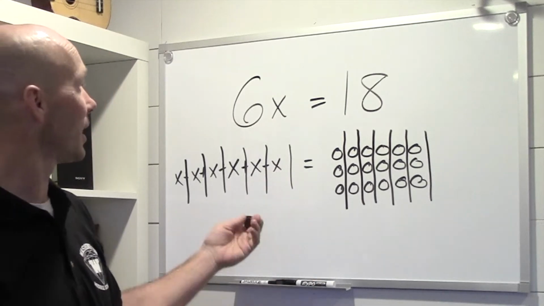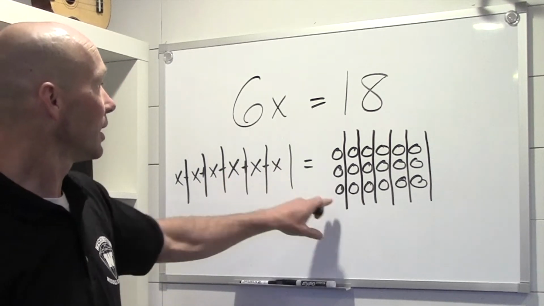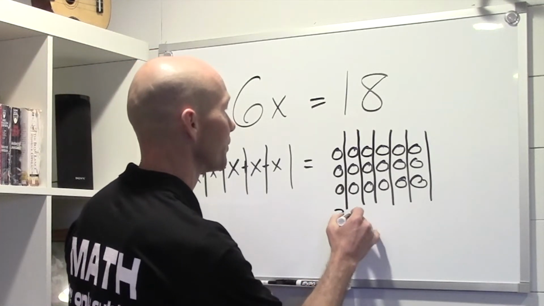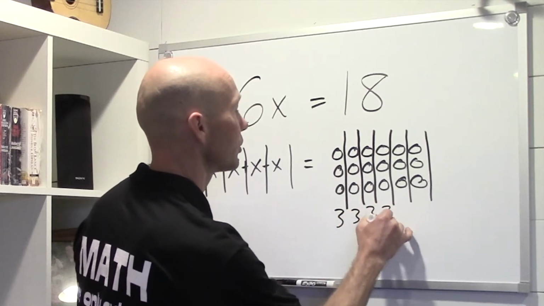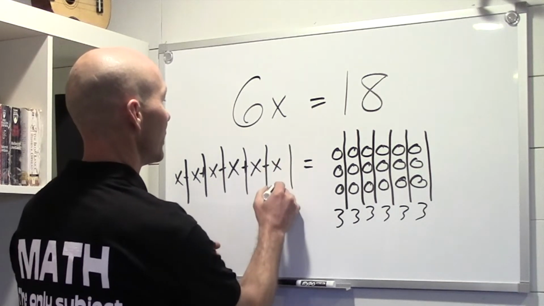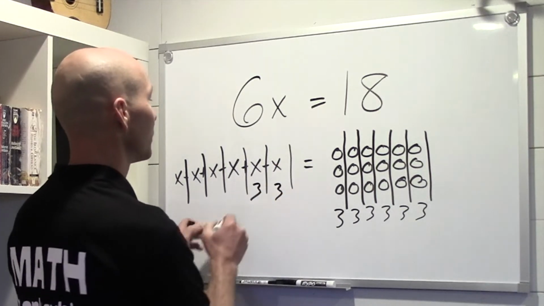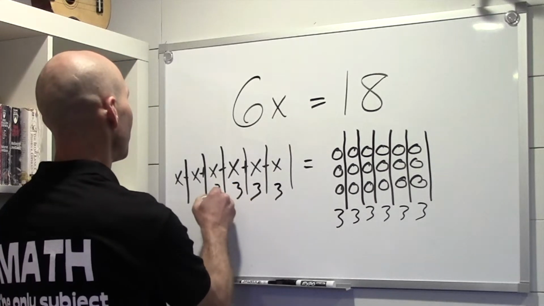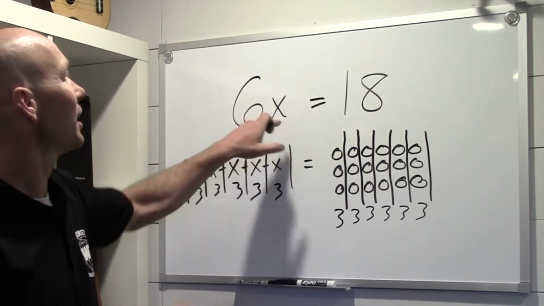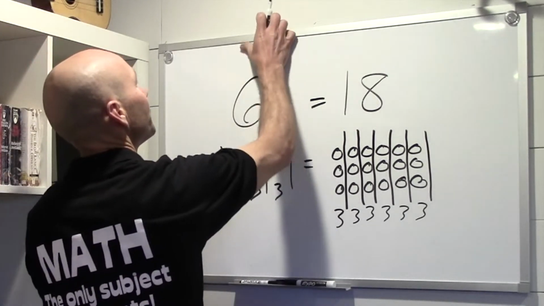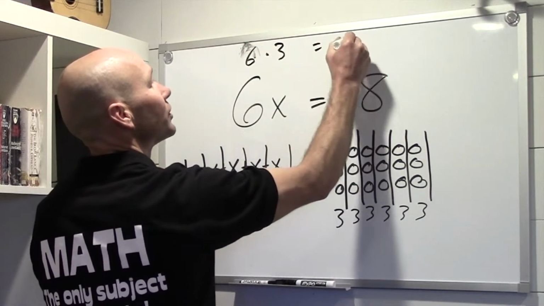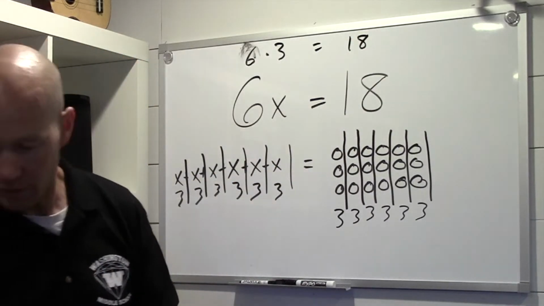Well, it's pretty easy to see now. Each of these x's is equal to what? Each of these x's is equal to 3. So x equals 3, and 6 times 3 equals 18.